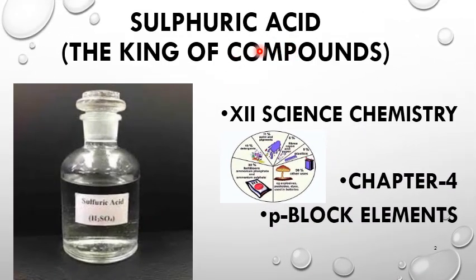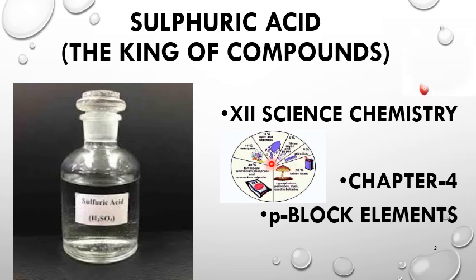Dear students, today I am going to discuss with you about sulfuric acid. It is the strongest acid. It is also called the king of compounds because it is used almost in all industries such as sugar industry, paper industry, paint industry, plastic industry, fertilizer industry, leather industry.